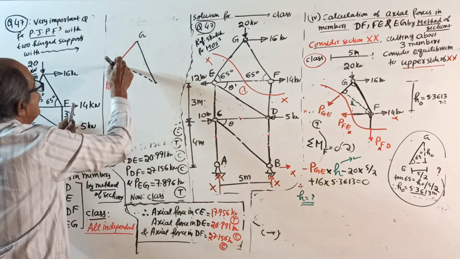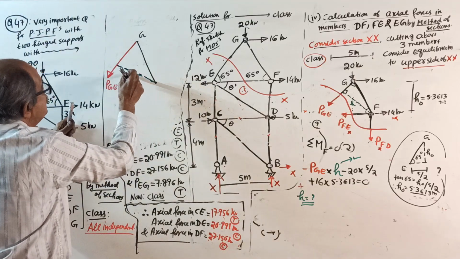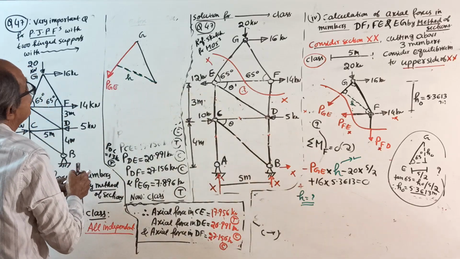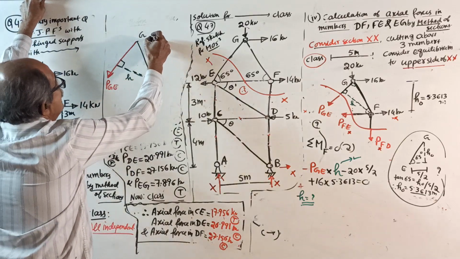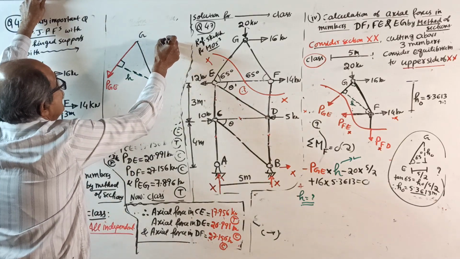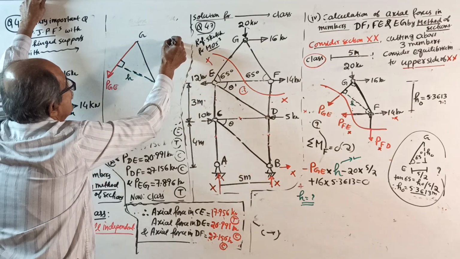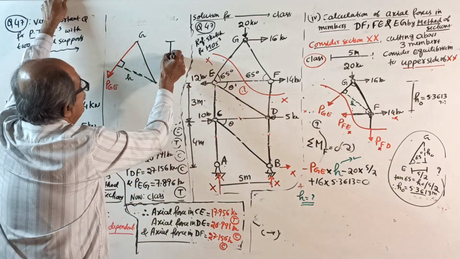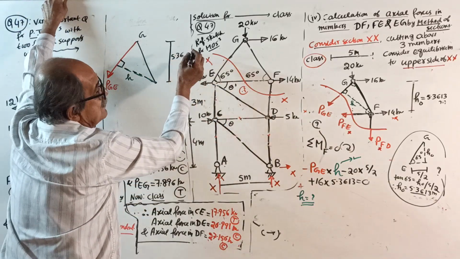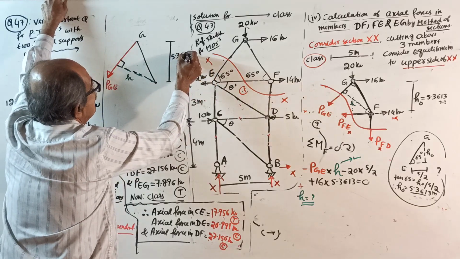Now, from here, you are dropping perpendicular, green color. Perpendicular H. You know this is perpendicular. You know what is this height? How much is that height? That height is 5.3613 meter.